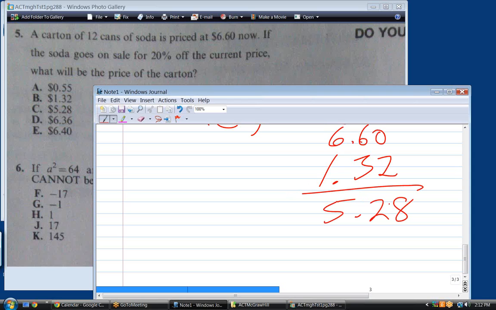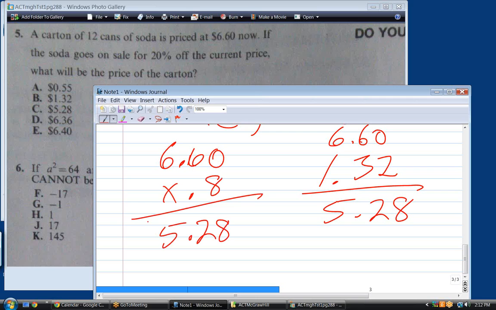Yeah. Now, notice that that was 2 steps. Well, I can do this problem in 1 step. Instead of taking 20% and subtracting it, what if I just take 80%? In other words, if something is 20% off, then it means you're paying 80%. So if I put this into my calculator in 1 step, I get the immediate answer. Don't have to do it in 2 steps. That's fast.